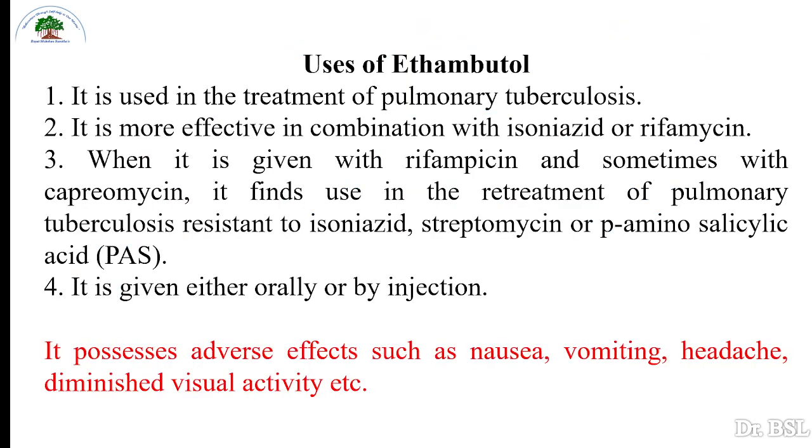Uses of ethambutol: it is used in the treatment of pulmonary tuberculosis. It is more effective in combination with isoniazid or rifamycin. When it is given with rifamycin and sometimes with capreomycin, it finds use in the treatment of pulmonary tuberculosis resistant to isoniazid, streptomycin, or para-aminosalicylic acid, PAS.